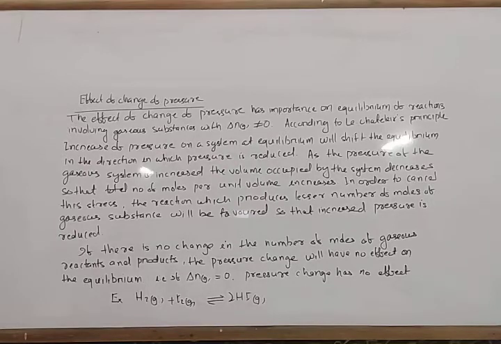So in order to cancel this stress, the reaction which produces lesser number of moles of gaseous substances will be favored, so that the increase in pressure is reduced. If there is no change in the number of moles of gaseous reactants and products, the pressure change will have no effect on the equilibrium. Thus if del Ng is equal to 0, pressure change has no effect.